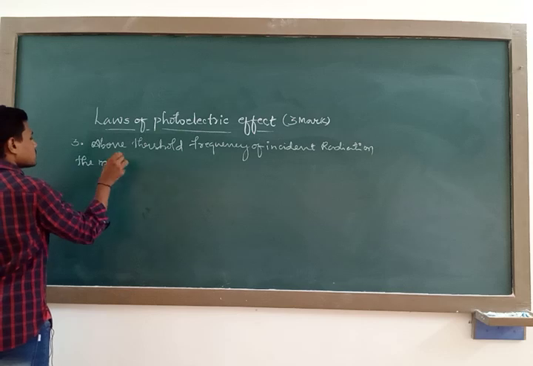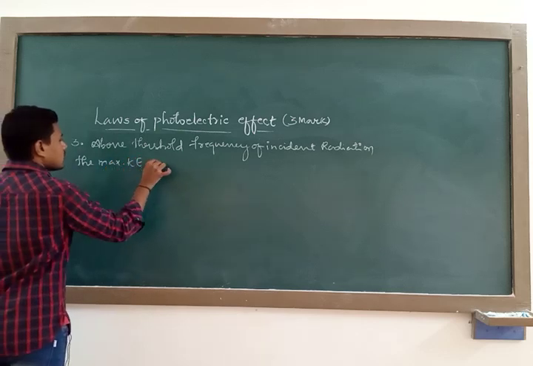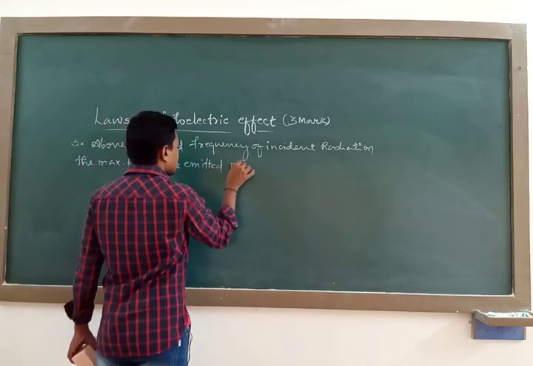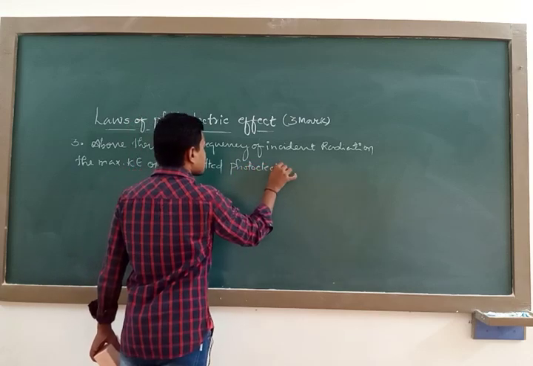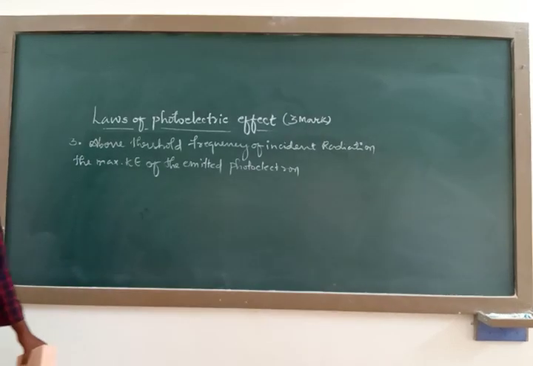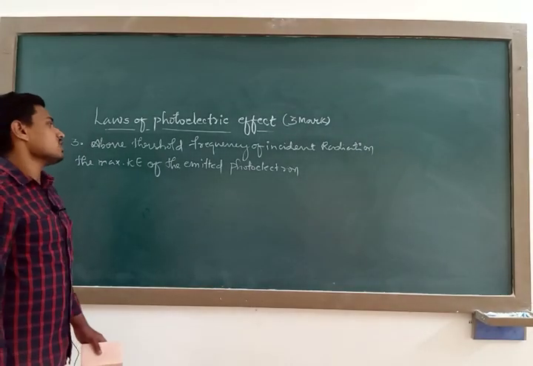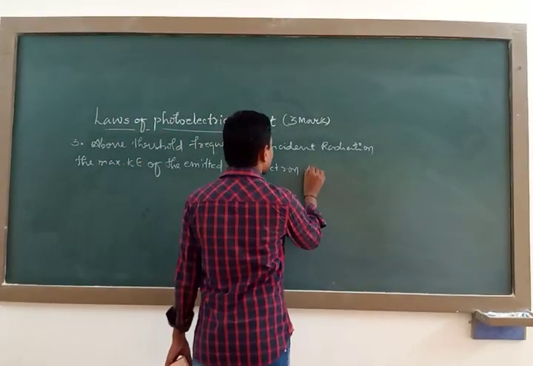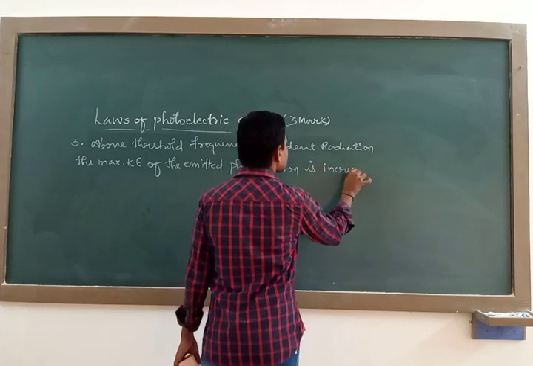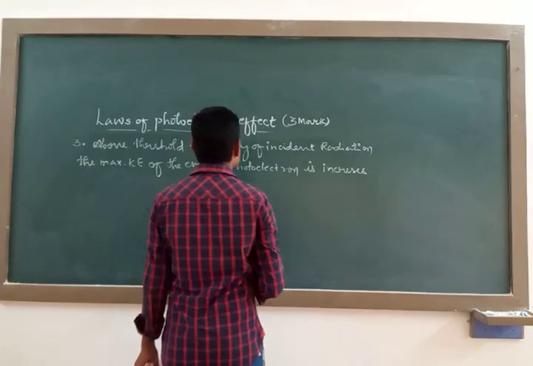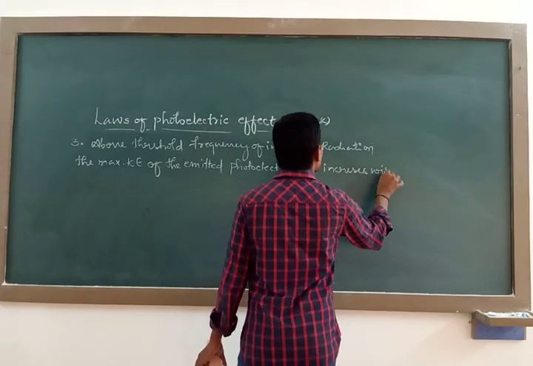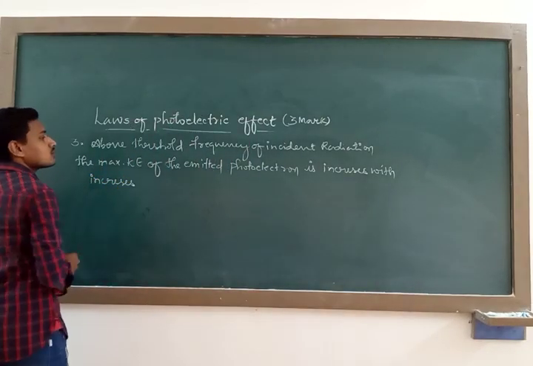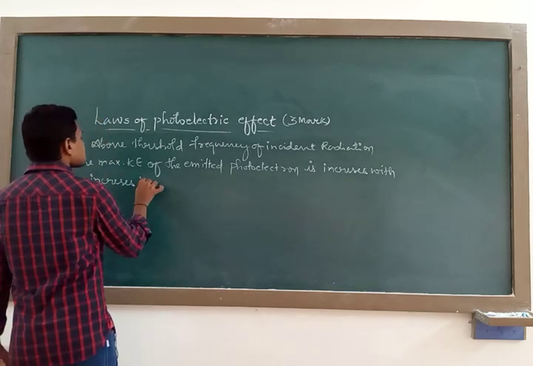the maximum kinetic energy of the emitted photoelectrons, whatever maximum kinetic energy is possessed by the emitted photoelectrons when the frequency of the incident radiation is above the threshold frequency, increases, or varies linearly, with the frequency. So the kinetic energy of the photoelectron increases with increasing frequency.